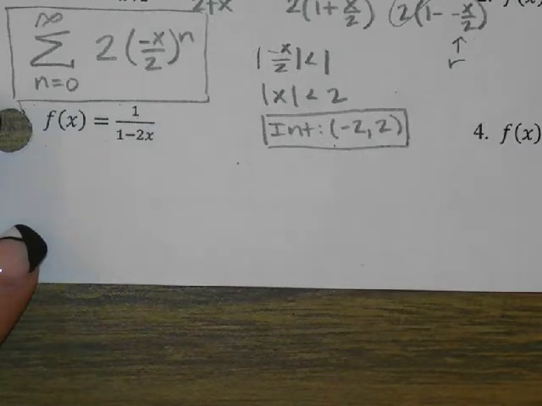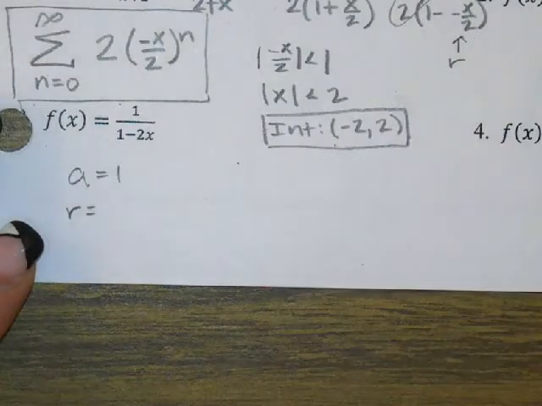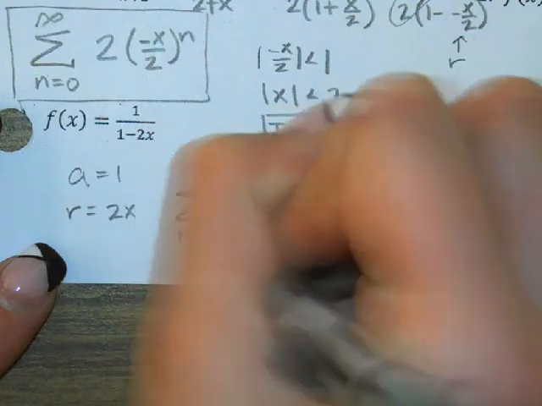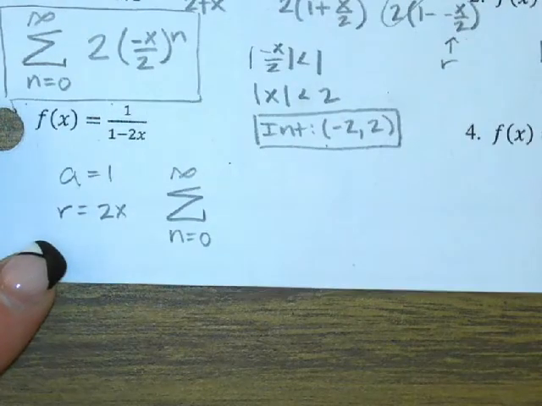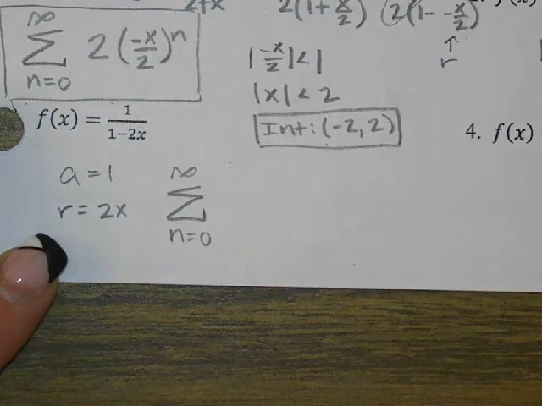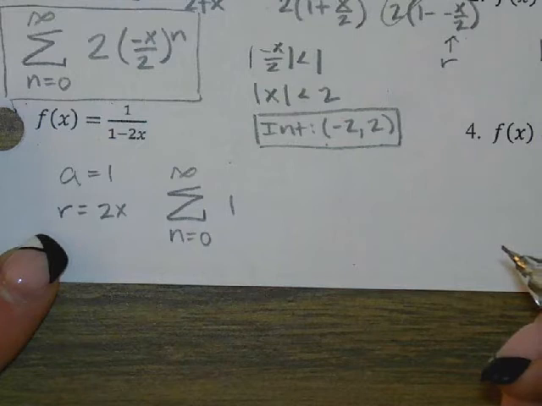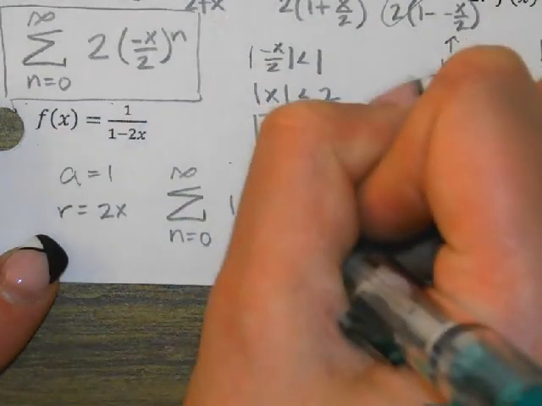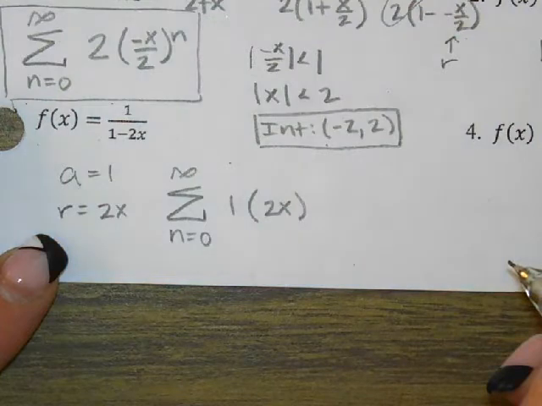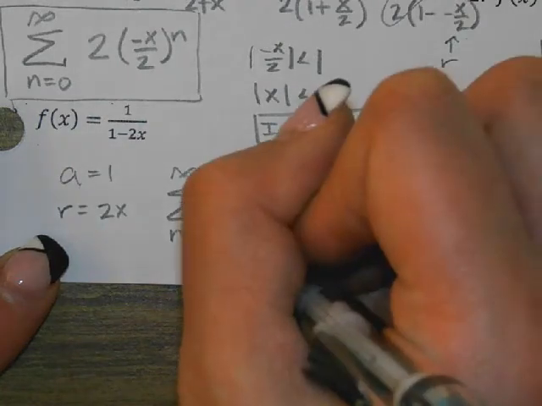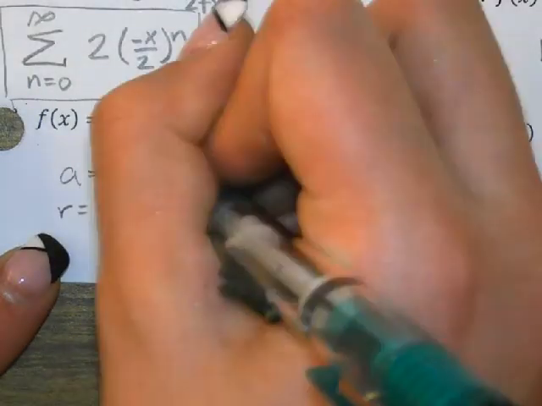So this one's ready to go. What's the a value here? A is 1. What's the r? 2x. Okay, so we can just automatically go into writing the power series. So we've got our first term times the r value to the nth power, and that's our whole series right there.